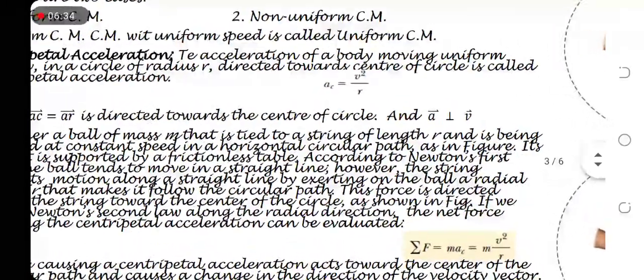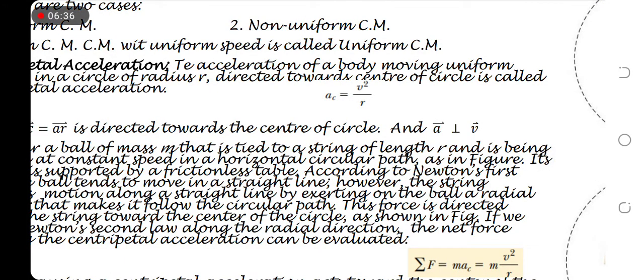We have studied this relation too in the previous classes. a_c means centripetal acceleration. Mathematically, we can write it as v squared over r.